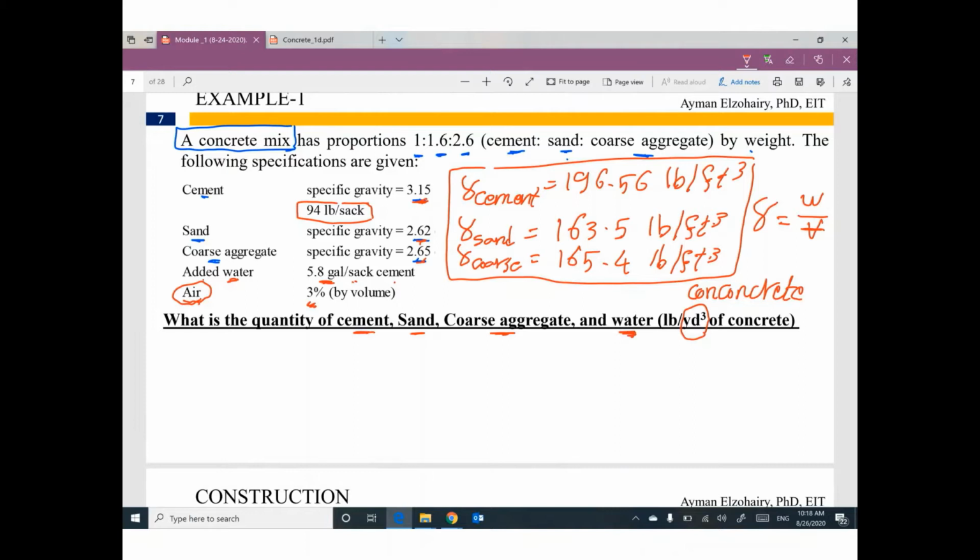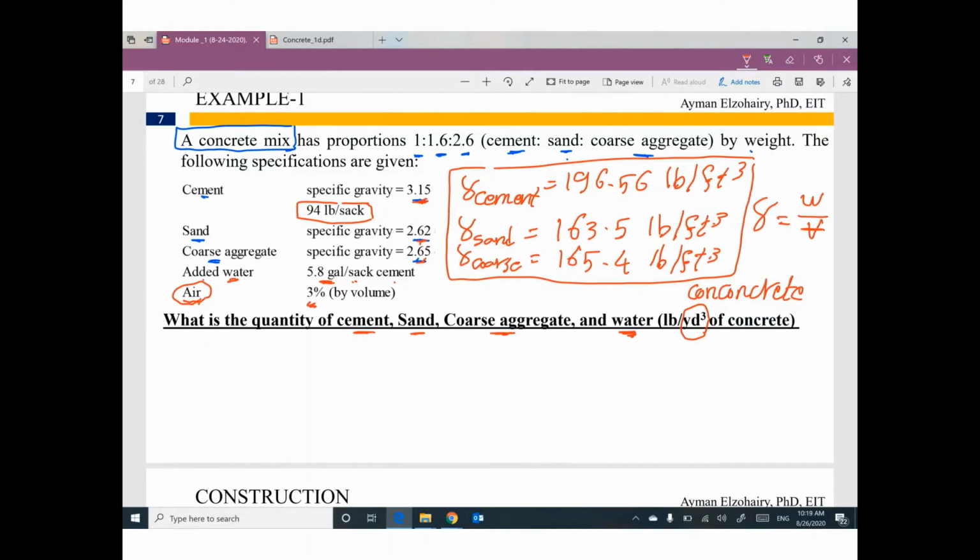So we have a concrete mix in a concrete plant or whatever. We will add cement, sand, coarse aggregate, and water together. Step by step, one by one.